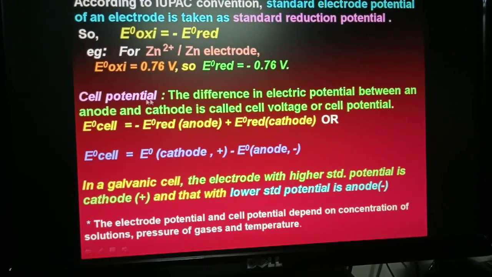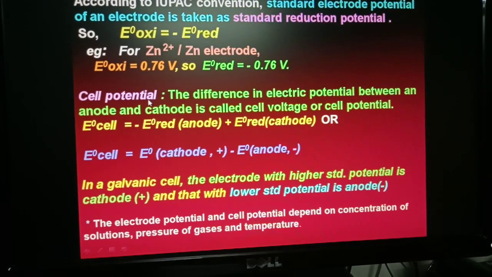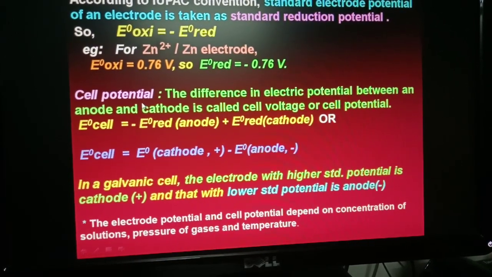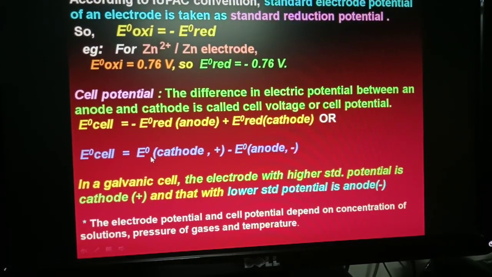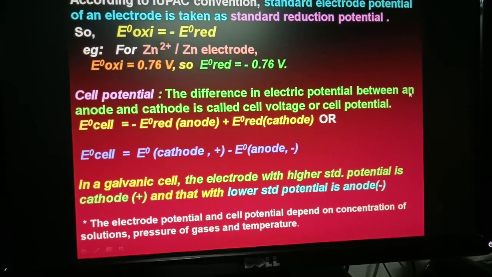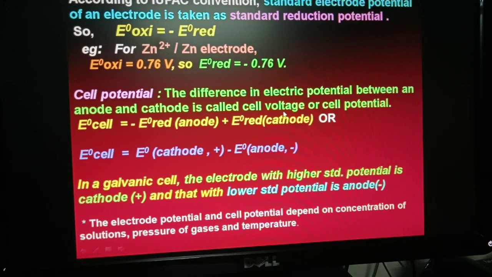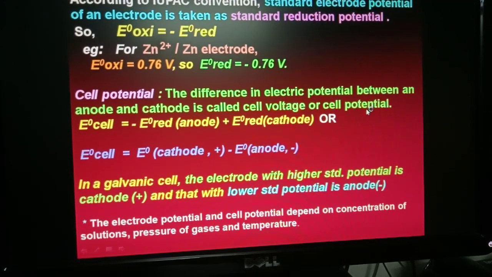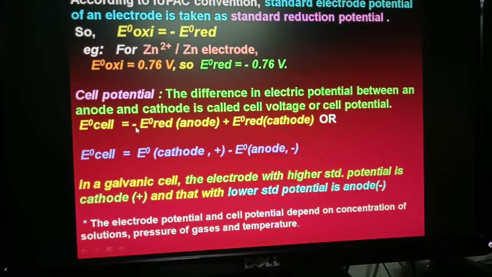Now let us see what a cell potential is. It is also called cell voltage. The difference in electric potential between an anode and cathode is called cell voltage or cell potential.